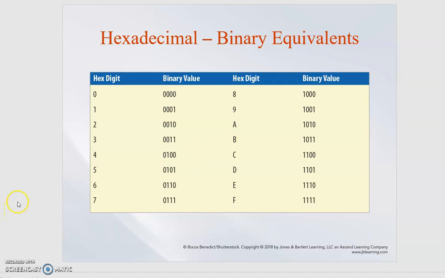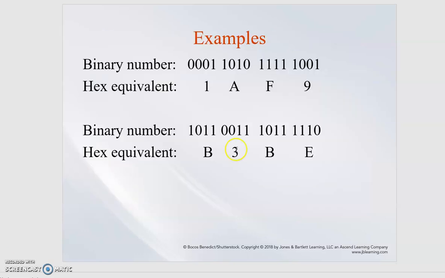So total of 16 values, decimal values 0 to 15, right? So then it can also have A, B, C, D, E, F, which is represented as binary values 1010, 1011, 1100. That's how it's been represented. Okay, so it's another numbering system. Just be aware of that.